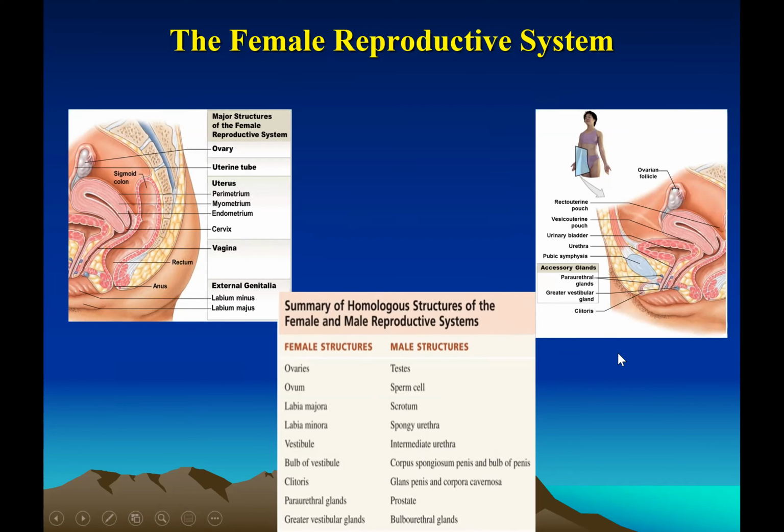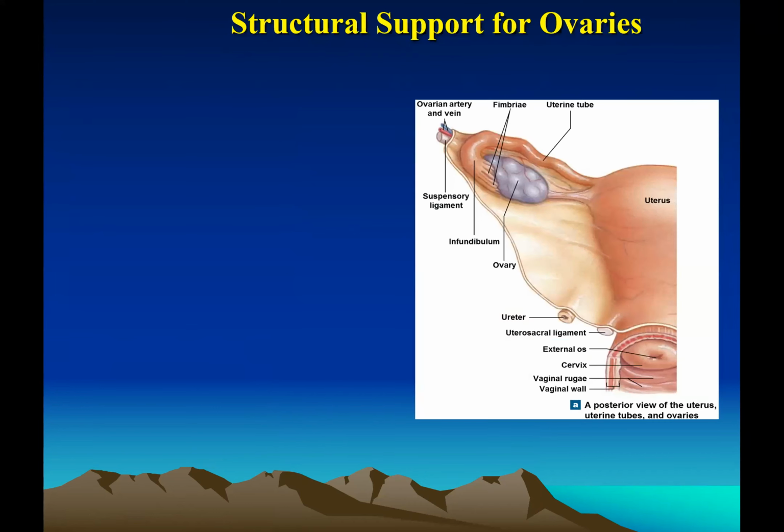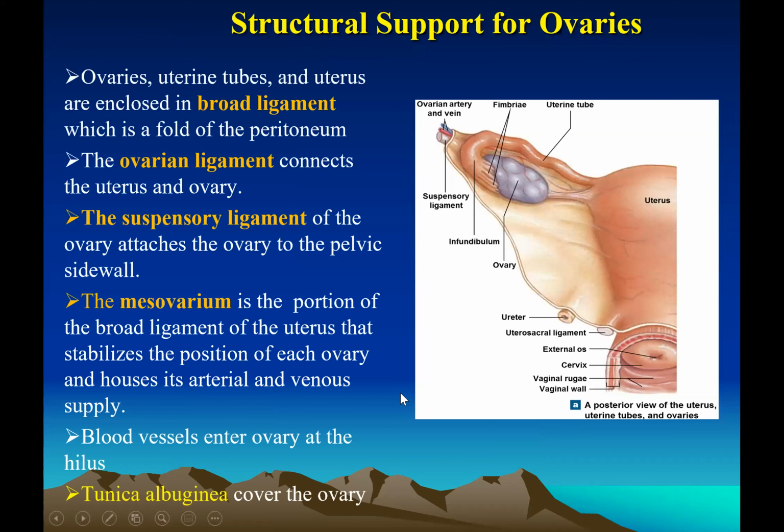So it is made up of the ovaries, the fallopian tube or the uterine tube, the uterus, the vagina, and the external genitalia. The whole female reproductive organ is kept in place by ligaments and other structures. In the abdominopelvic cavity, the ovary and the uterus are held in place by the broad ligament, which is a fold of the peritoneum.